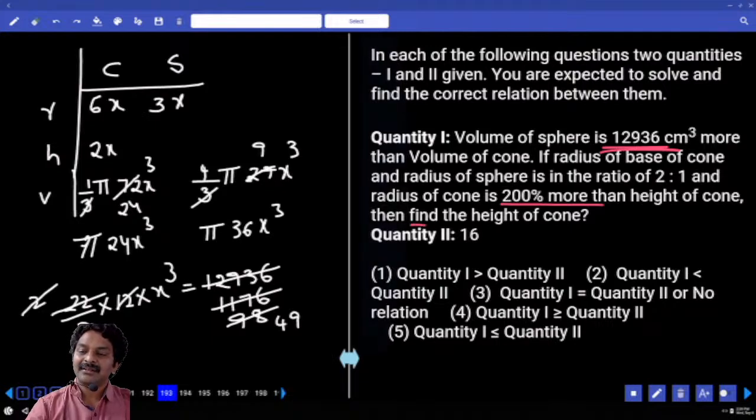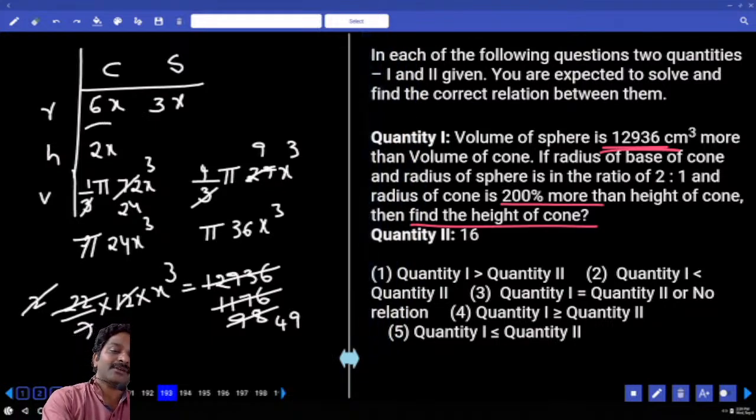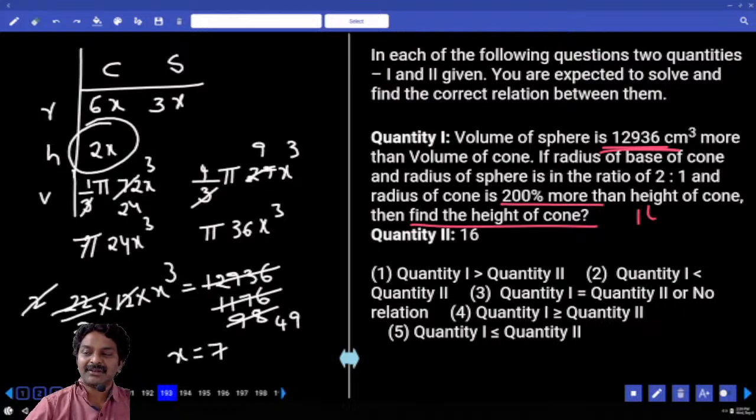Now find the height of the cone. How much is the height of the cone? 2x. We got x is equal to 7, then 2x is equal to 14. Q1 less than Q2.